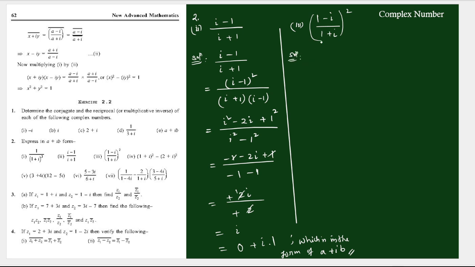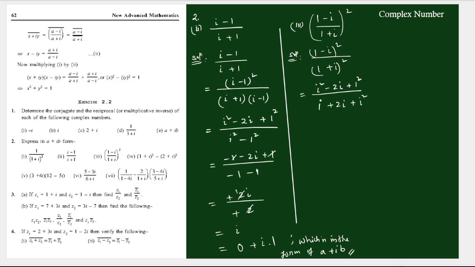Below, a square, and factorize this square, then you will get, we can write like this, both the numerator and denominator, then use a minus b and a plus b. So (1 minus i) square, here we got, right, i square minus 2i plus 1 square. (1 plus i) will be 1 square plus 2i plus i square.